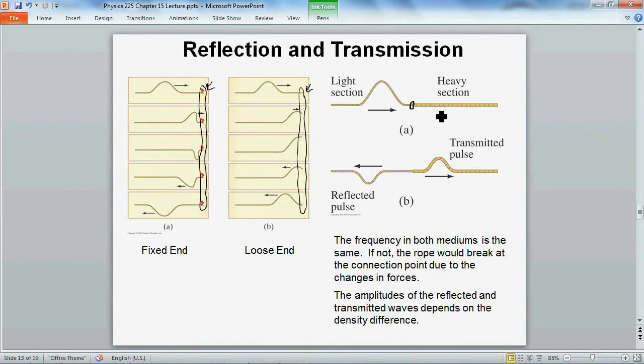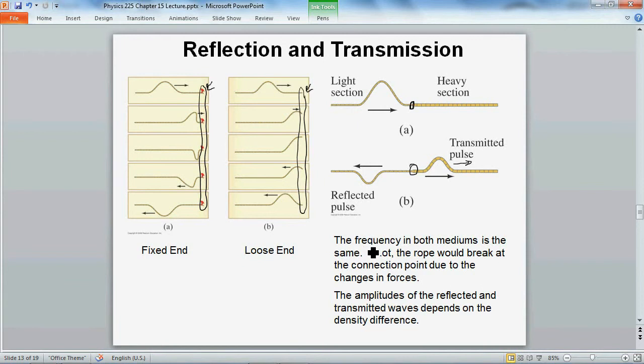So what happens is that the transmitted pulse will go in the same orientation, same upward pulse, but some of the pulse goes in the opposite direction back to the left. So in a sense, this acts like a semi-fixed point for this chord, at the intersection boundary.